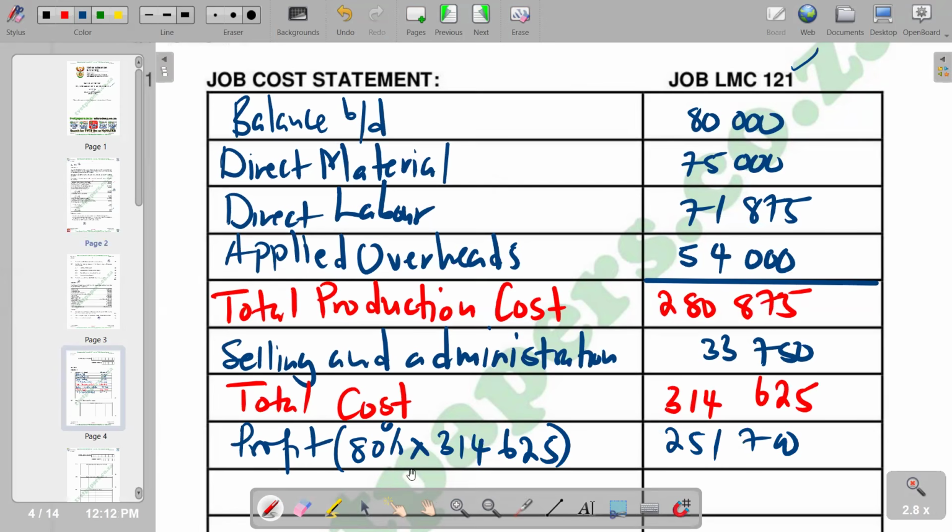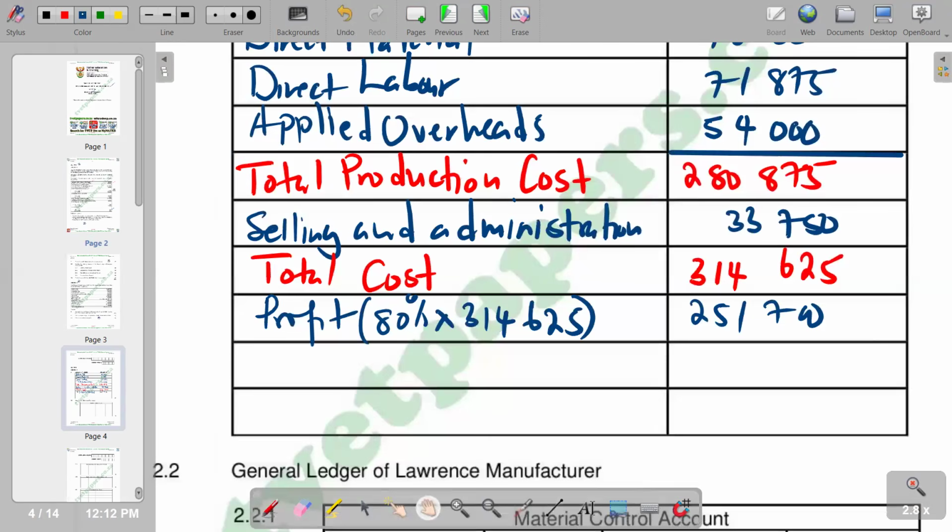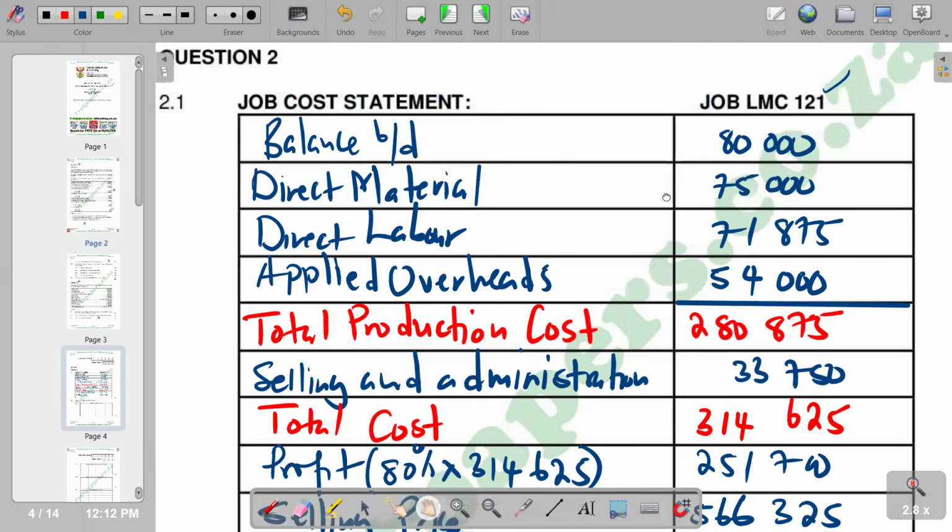So we are supposed to add total cost plus profit to give you the selling price. So here you get your selling price. So if you say 314,625 plus 251,700, you're going to get your answer is 566,325. So that's our sale price for our job LMC 121.